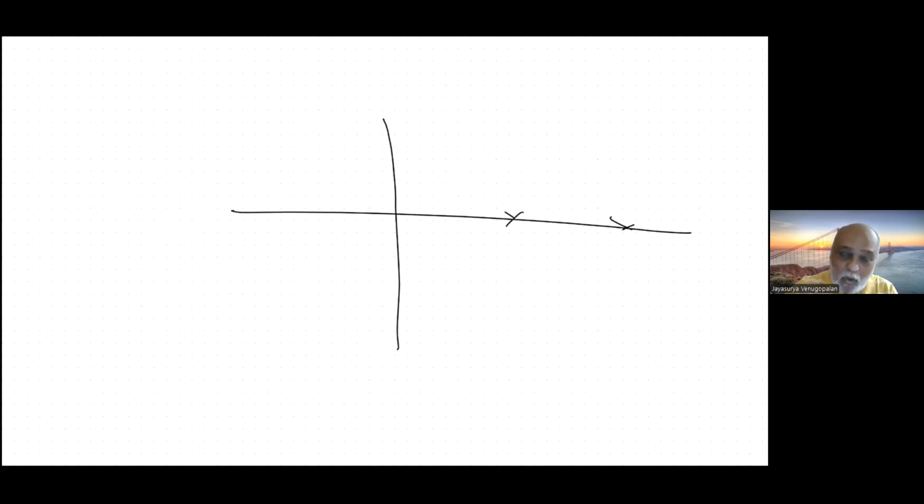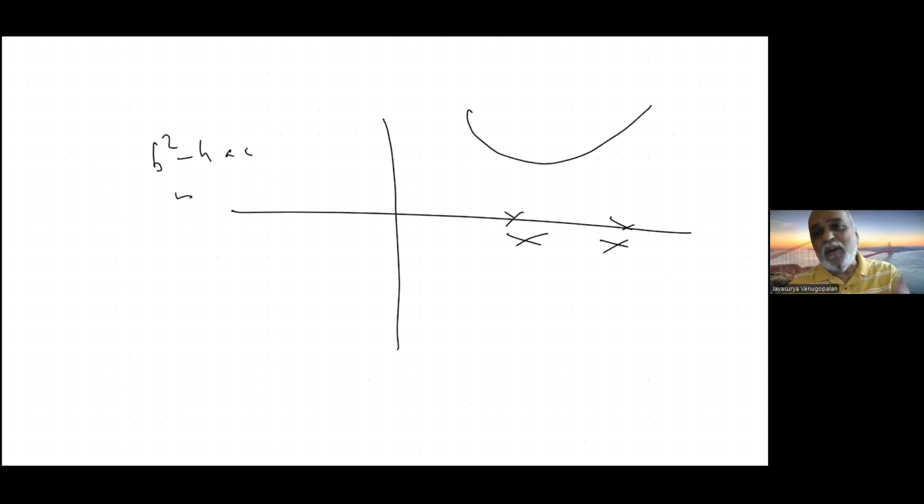This expression will not have any intersection with the x-axis if the discriminant, as we call it, b squared minus 4ac, is negative. Only if it is 0 or positive will the roots cut the x-axis. If b squared minus 4ac is negative, the roots will no longer cut the x-axis, and the roots are called imaginary roots of the function.